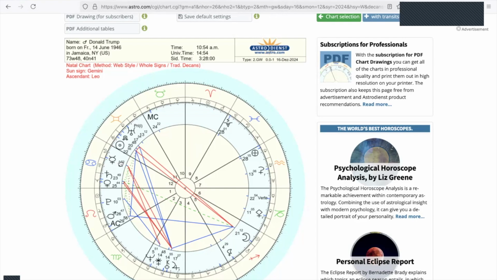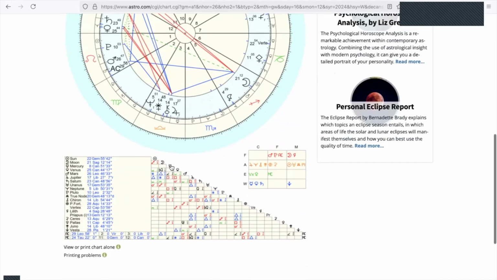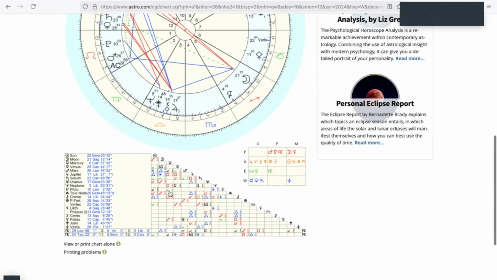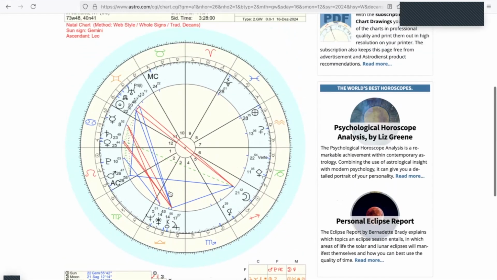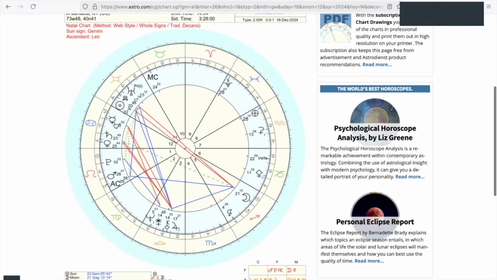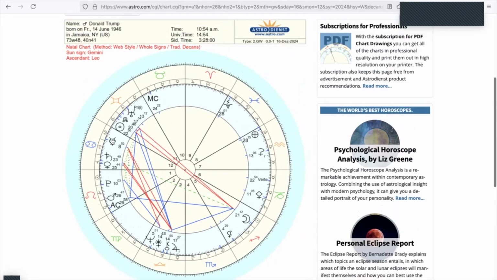So the Lord of the second is in his 12th. Mercury is here at the 8th degree and the moon deacon in the sign of Cancer, and then the aspects connected to Mercury. What are aspects? Don't worry, you won't have to worry about aspects here. That's more the intermediate course. But the condition of Mercury is going to tell you a lot about his second house.